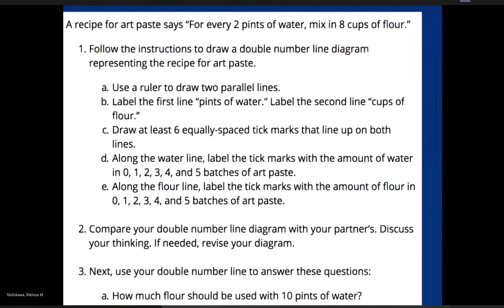So after you've drawn your lines and labeled them, you always need to label them. Then you're going to draw at least 6 equally spaced tick marks that line up on both lines.